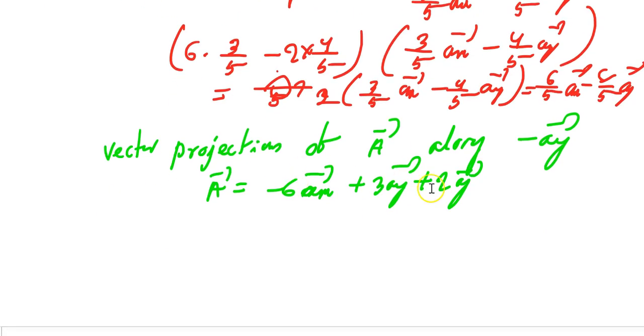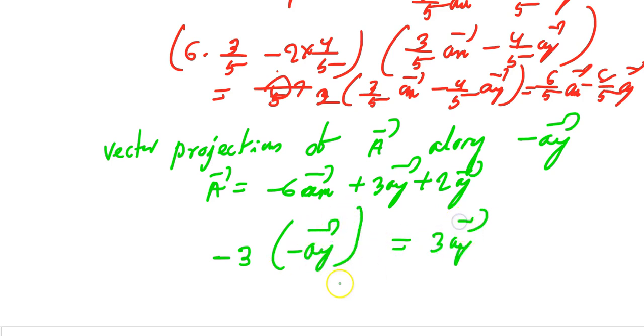Same rule. Obviously it is a unit vector, so find the dot product. When I find the dot product, I got minus 3. Then along this unit vector minus ay, that is 3 ay. That is the vector projection of A along the minus ay direction.